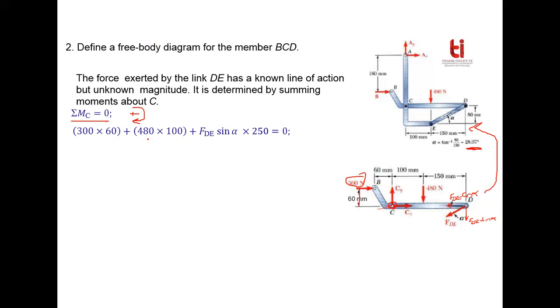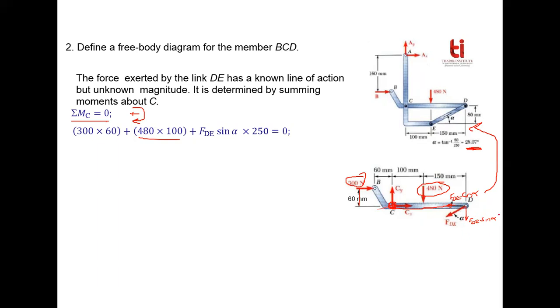And this external force 480 is producing a moment about point C with magnitude 480 into 100. Clear? And for this FDE, its horizontal component is passing through point C, so it will not produce any moment.